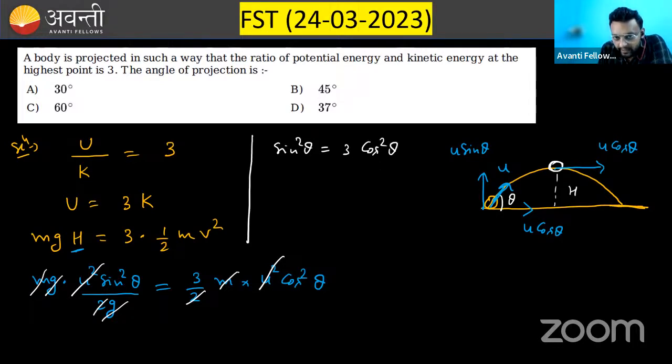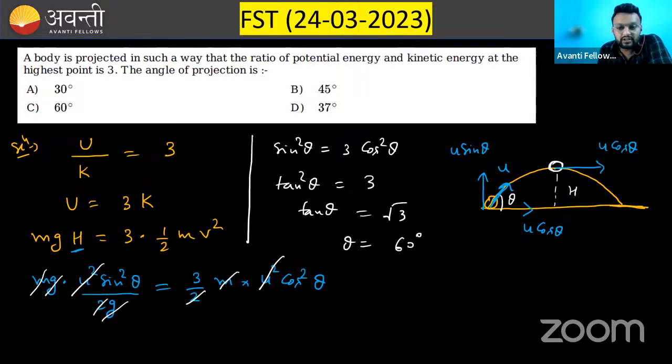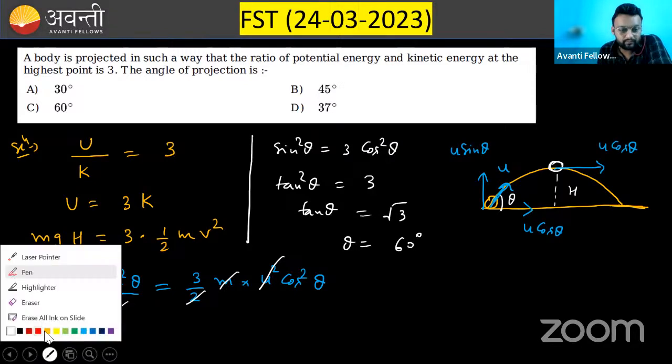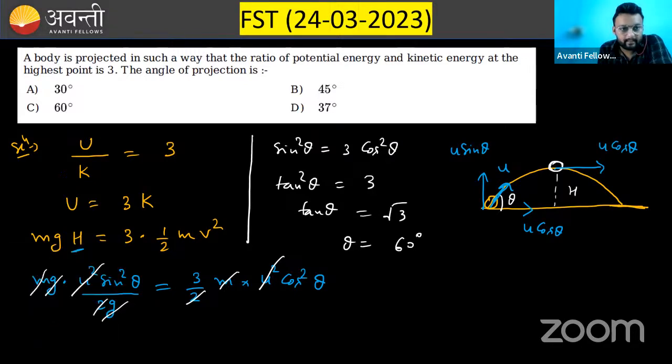If I bring cos square theta here, it becomes tan square theta equals 3, or tan theta equals root 3. So what will be the value of theta? That is 60 degrees. So theta will be 60 degrees. Again, option C is our correct answer.